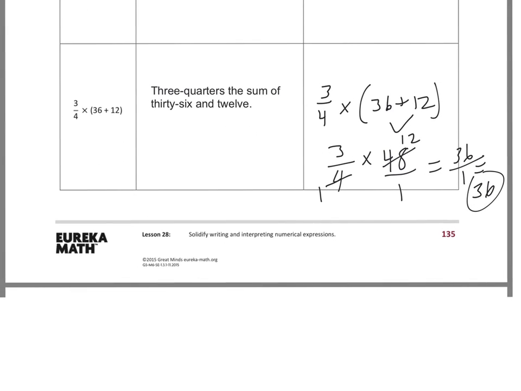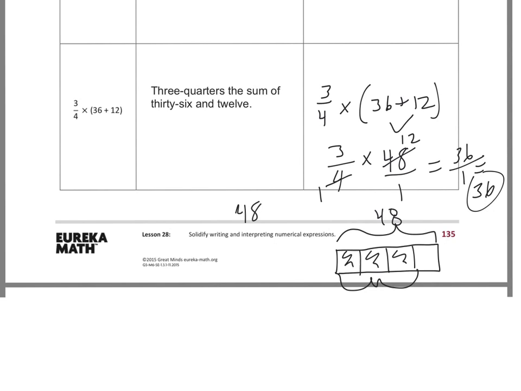And just because they're fun to do, I could do a tape diagram because I'm trying to find 3/4 of 48. The whole amount is 48. I want to find 3/4 of it. So I would divide 48 by 4, and I'm going to end up with 12.